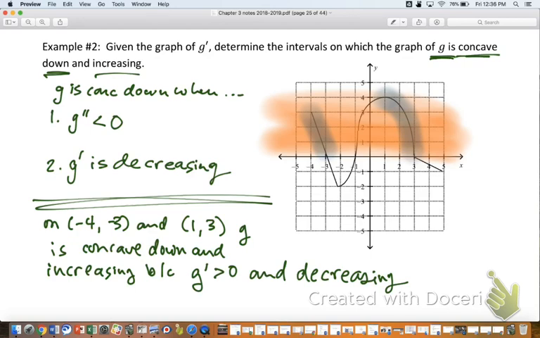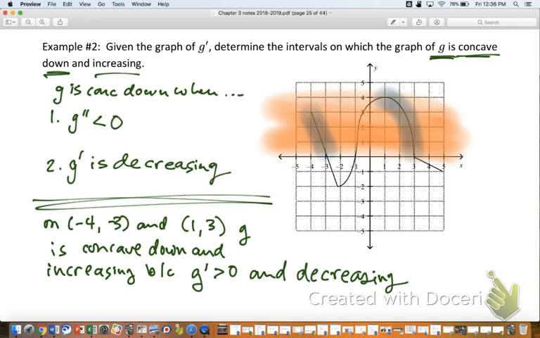Therefore, f is concave up. But the last one was concave down. Yep. The slopes of f were decreasing. So then f prime is negative and decreasing, and f double prime is negative. Yeah, and f is concave down because of that. True. It's pretty abstract. I know it's not easy.